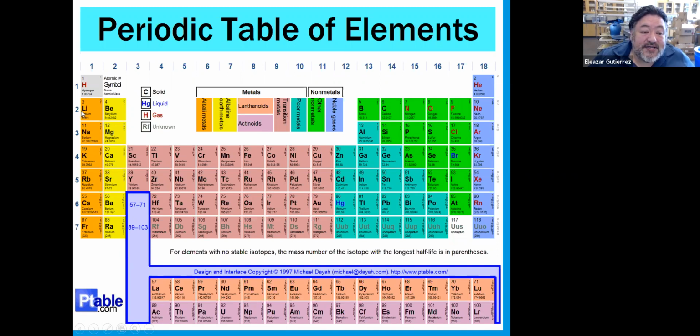So these guys have 1 extra electron, and these guys are missing a single electron. Not surprisingly, ionic bonds are formed frequently between period 1 and period 7, as in sodium chloride, table salt.